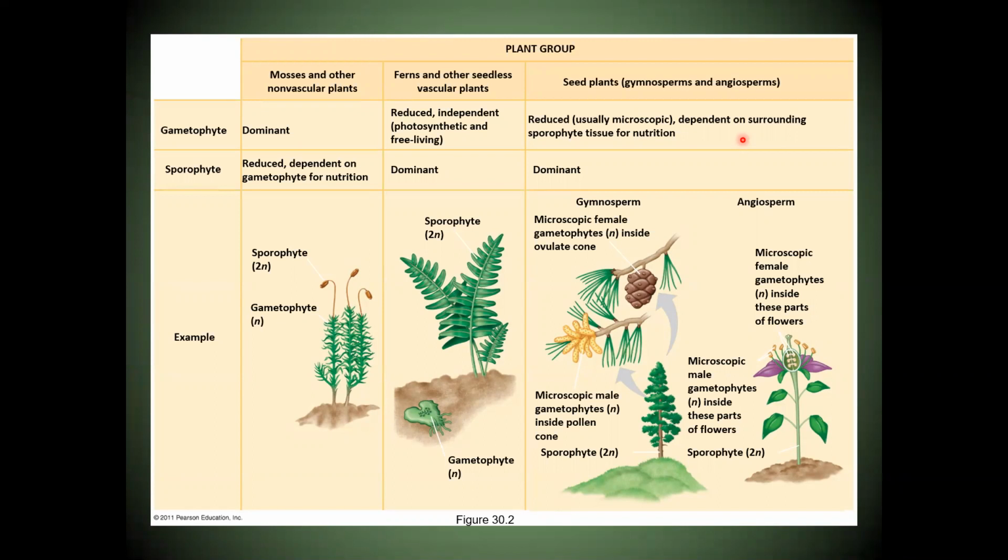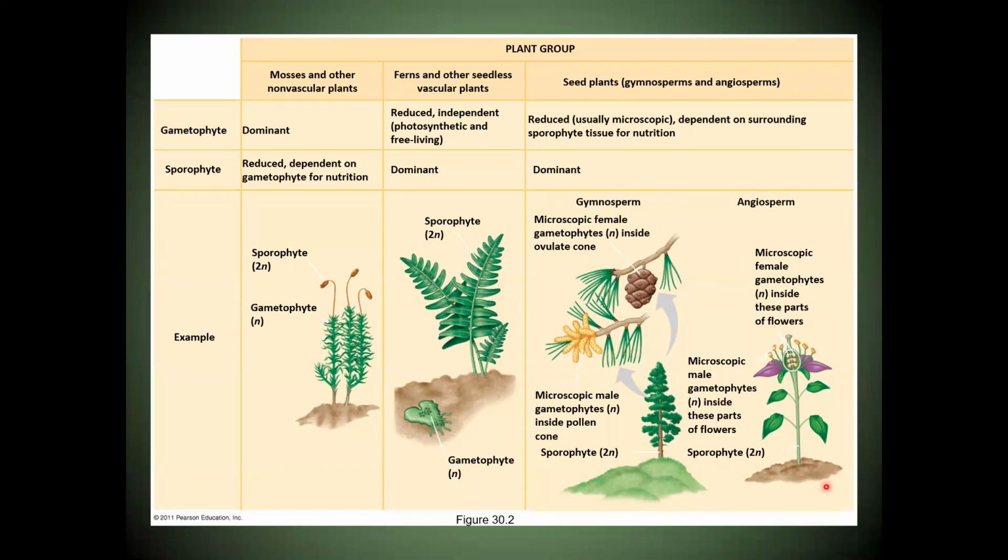Okay, now, again, if you look at the seed plant life cycle, the microscopic female gametophyte occupies inside the flowers, right? And then the microscopic male gametophyte also occupies inside the flowers, right? So in other words, there are two gametophytes, male and female, and both of them are microscopic.